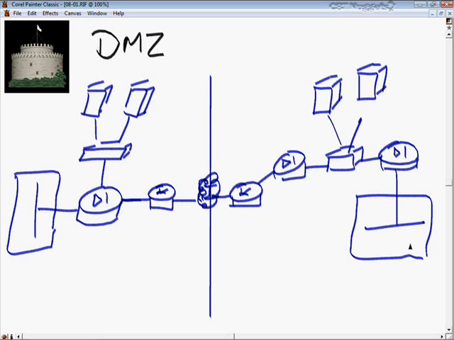For example, we might be exposing cbtnuggets.com to the internet, but inside of our organization, we're using something like nuggetlab.com.